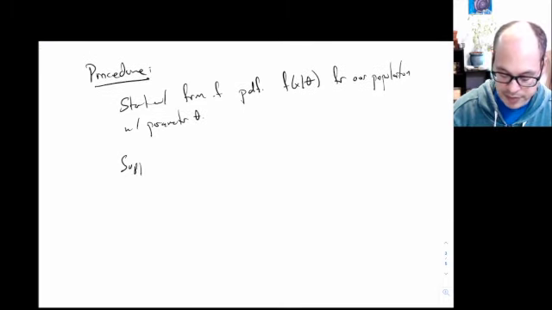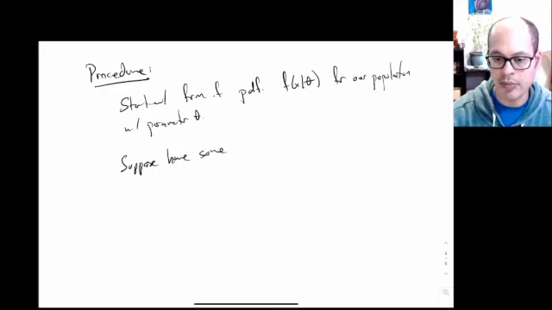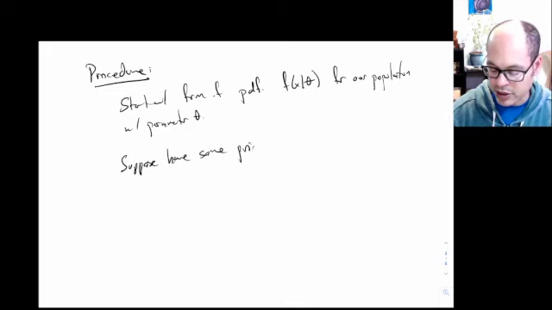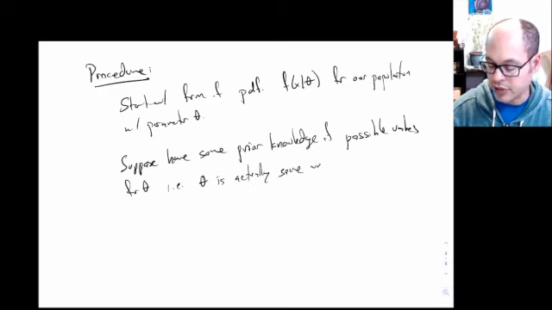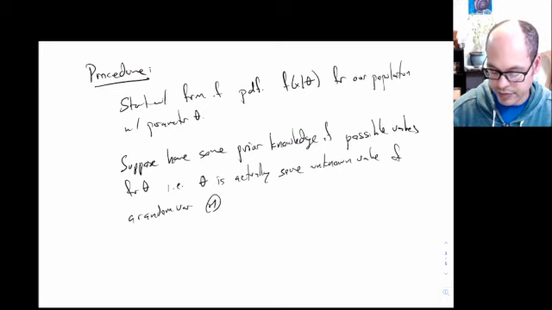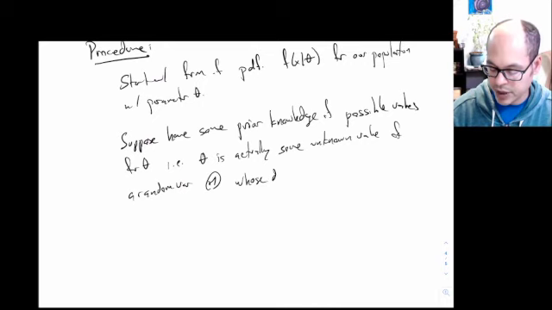And we suppose that we have some prior knowledge of possible values for theta, i.e., theta is actually some unknown value of a random variable, capital Theta, whose distribution we quote-unquote know.